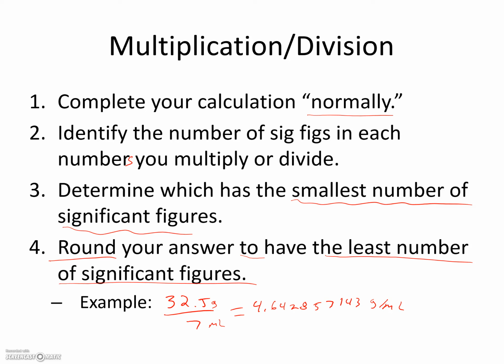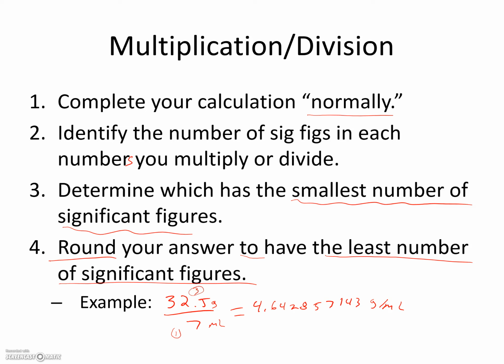I have no idea what a bunch of those digits actually are. I don't have that for certain. All right, so how do I know what to round to? It comes from my numbers over here. I'm going to look at the numbers I'm dividing, in this case 32.5 and 7. 32.5 has 3 sig figs, 7 has 1.